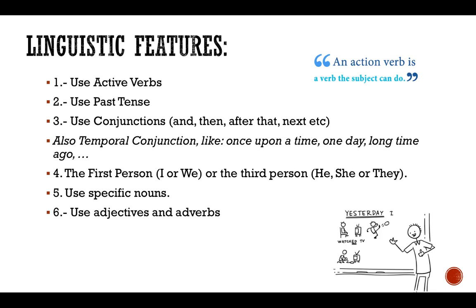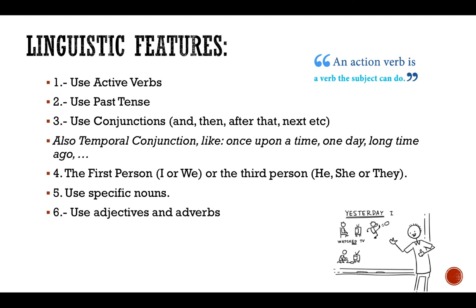Also, we can use temporal conjunctions like once upon a time, one day, a long time ago. Number 4, the first person, I or we, or the third person, he, she, or they. Number 5, use specific nouns, and 6, use adjectives and adverbs.